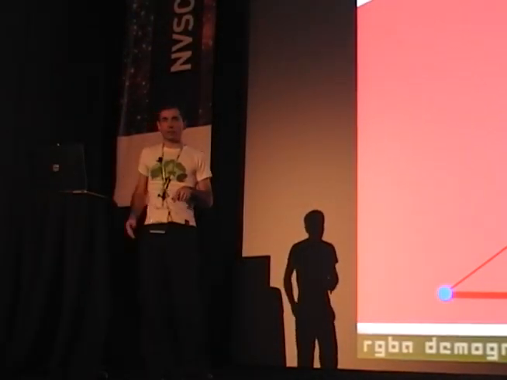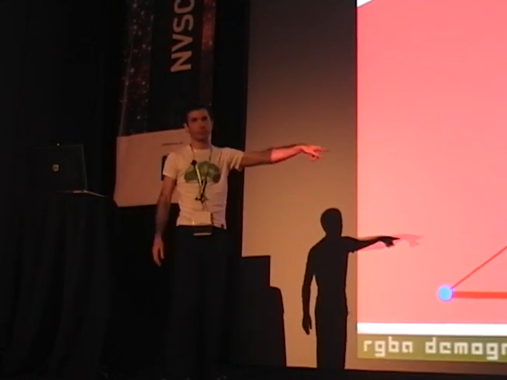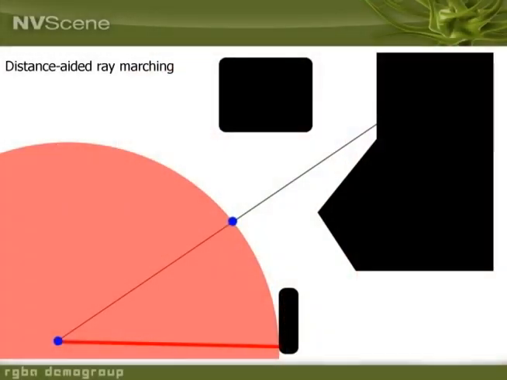The closest object in this case is this pillar, this capsule here, on the bottom part of the image, and the red line represents the distance from the blue point to the black object. There, you know that there is nothing around you closer than that distance.